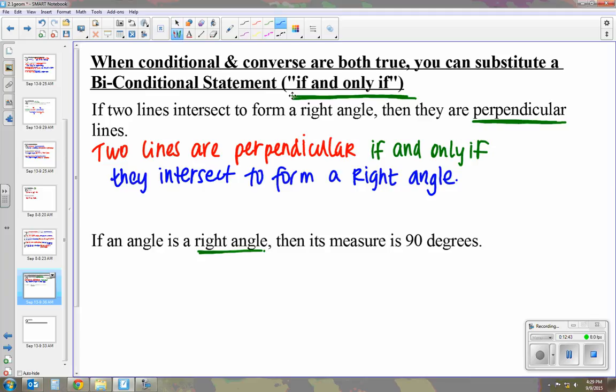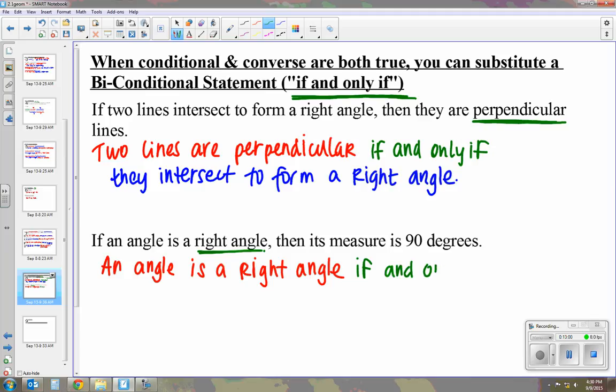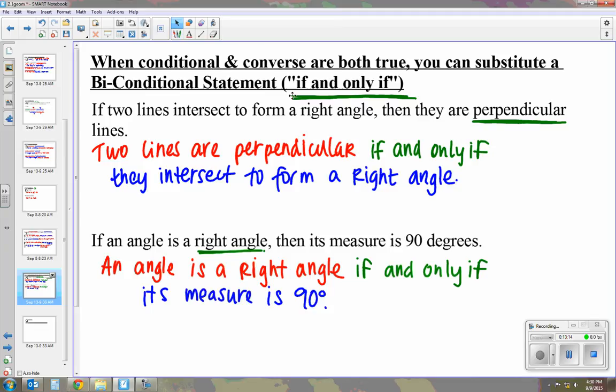An angle is a right angle if and only if its measure is 90 degrees. And that's your biconditional statement for your definitions. You must have if and only if in the middle.